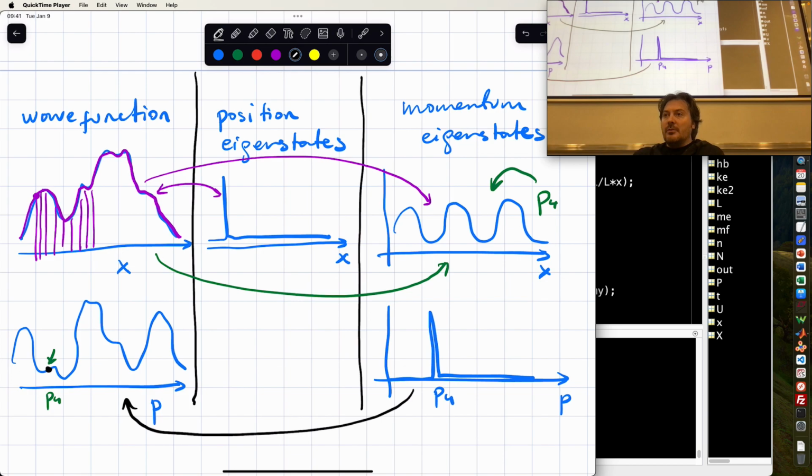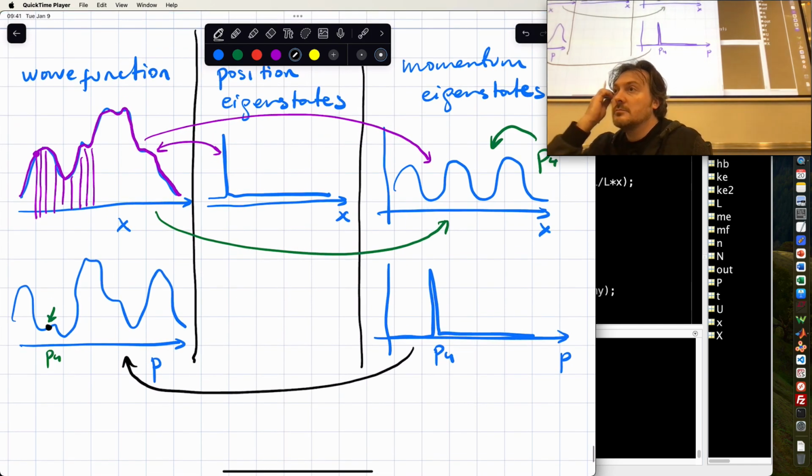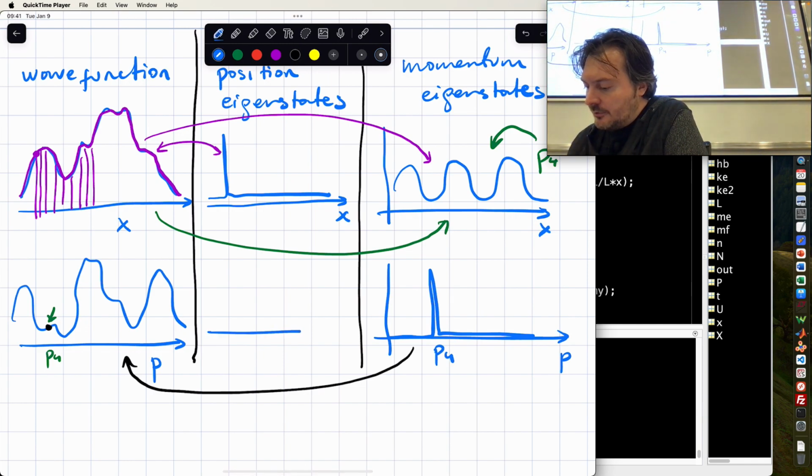So position eigenvalues in momentum space probably also look like that.